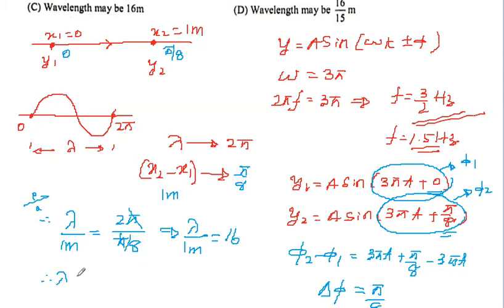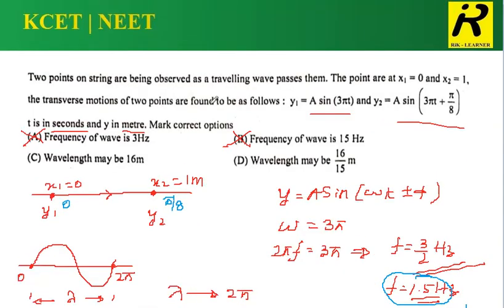Therefore lambda equals 16 meters. This is the answer for lambda. The wavelength is 16 meters and the frequency is 1.5 hertz. We learned already that options A and B are wrong about frequency. And about the wavelength, we got 16 meters, so the correct answer is option C, not option D.